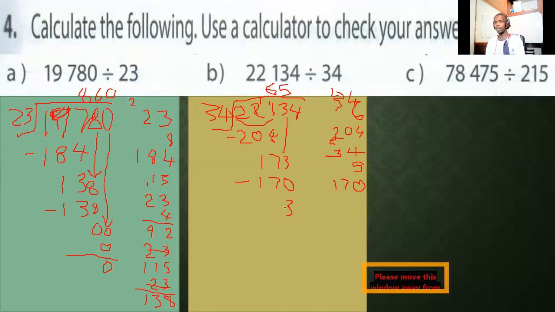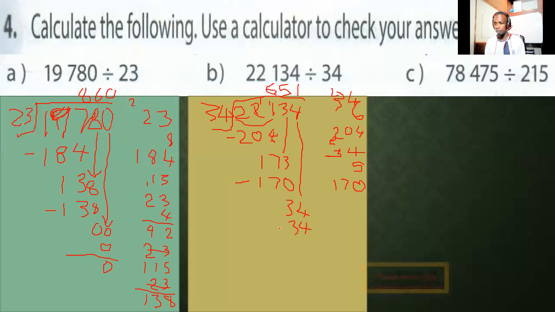Now I'm supposed to divide 3 by 34, but 3 is small. Then I bring down 4 to make it 34. Now 34 divided by 34, 1. 1 times 34, 34.